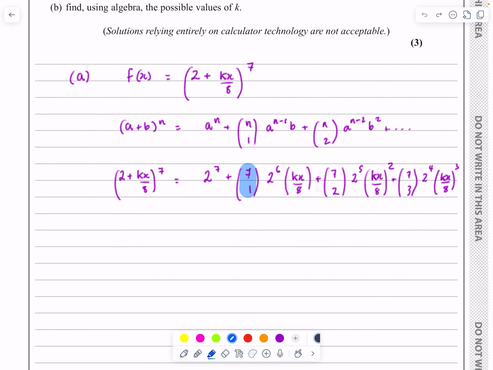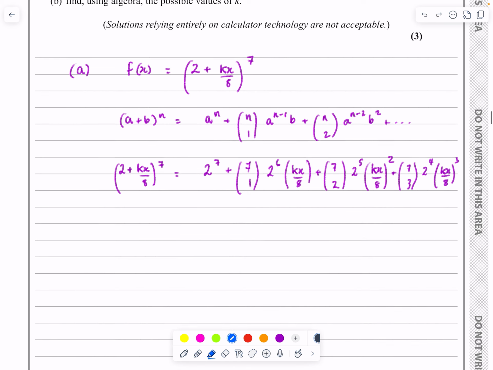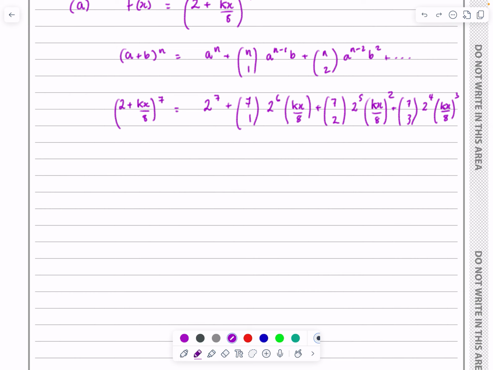Yeah, not made any mistakes there. Look at my k, kx over 8, kx over 8 squared, kx over 8 cubed, and if necessary, I've already checked this now, but those 2 powers add up to be equal to 7 each time. So I don't think I've made any mistakes in generating that now, so all I need to do is to go ahead and evaluate it.